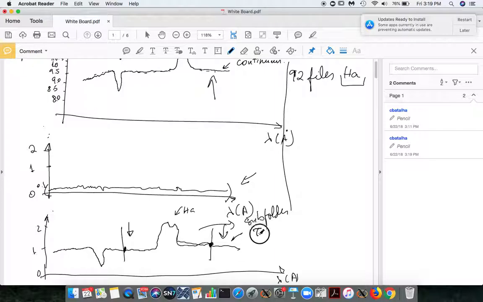That's going to be named TW, right? H alpha, something like that. And then in that subfolder, you're going to have all the pieces of spectra, right?